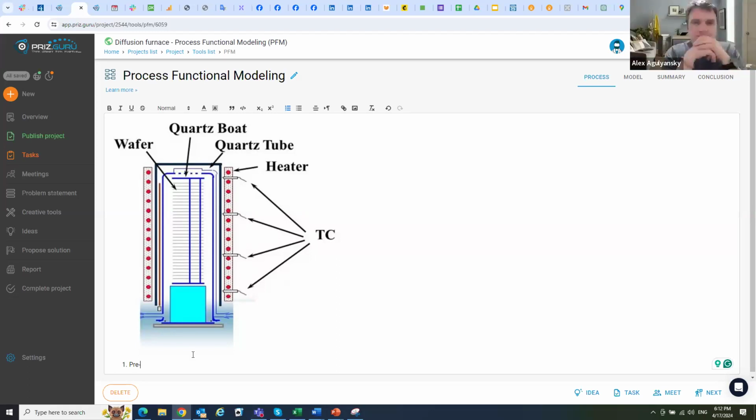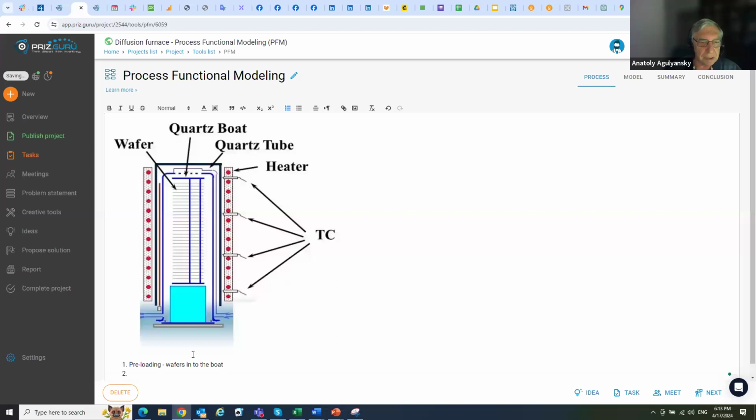I muted. Okay. Preloading. We need to place wafers into the boat. Okay, the next operation, we should load the boat into the furnace. Let's say loading.